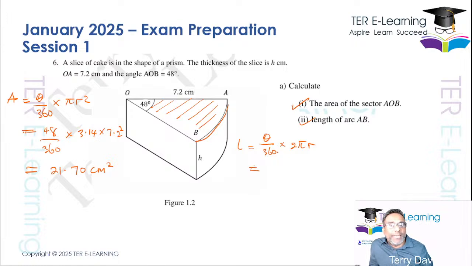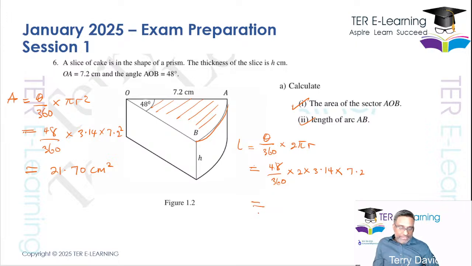In this case, the angle is 48, multiplied by 2, multiplied by 3.14, multiplied by r, which is 7.2.